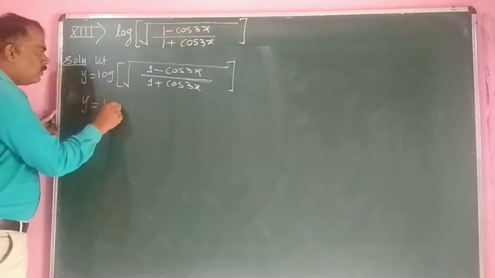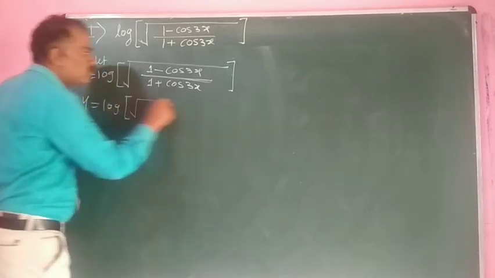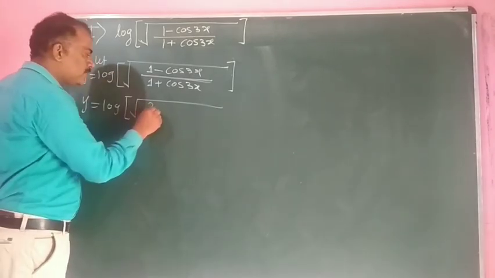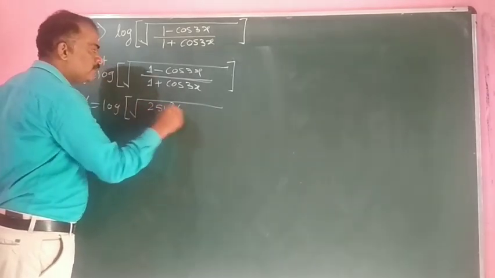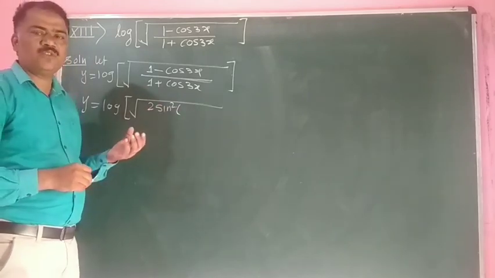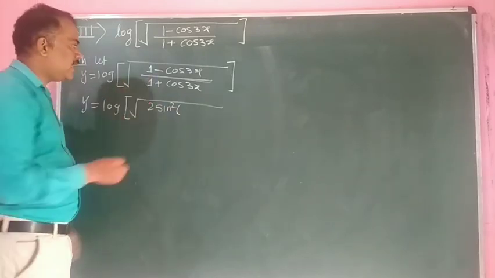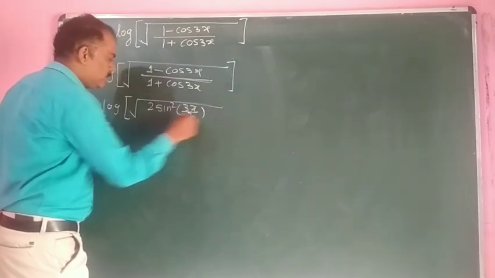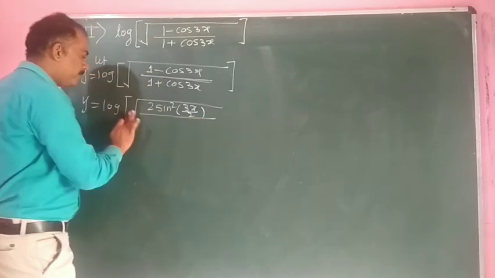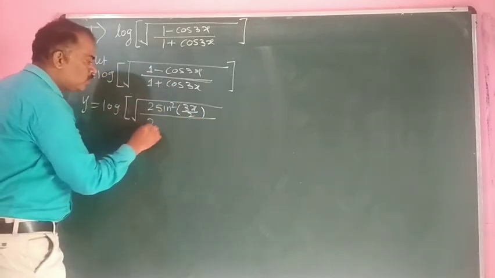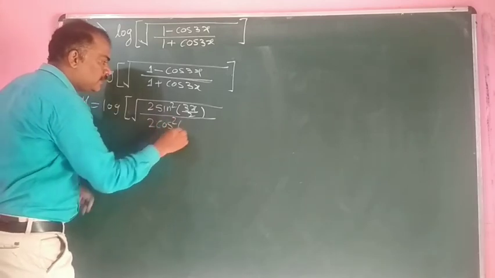y is equal to log of the square root of 1 minus cos 3x over 1 plus cos 3x. Its formula is 2 times sine square theta: 1 minus cos 2 theta is equal to 2 times sine square theta. So here we get 2 times sine square 3x by 2, divided by, again, 1 plus cos 3x, which is 2 times cos square 3x by 2.